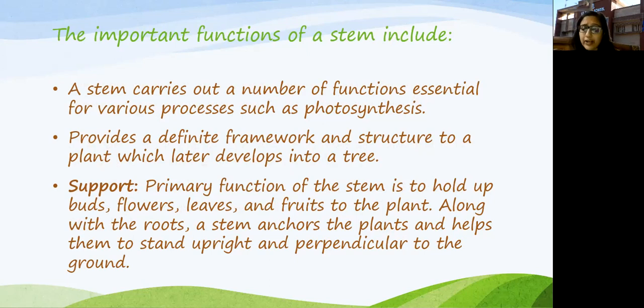So you should know at least this thing, that this transportation is carried out by the stem of a plant. अगर यही नहीं पता होगा तो वो चीज क्लियर नहीं होगी. So that is why I am again and again asking you all to just jot down the important points from this presentation.